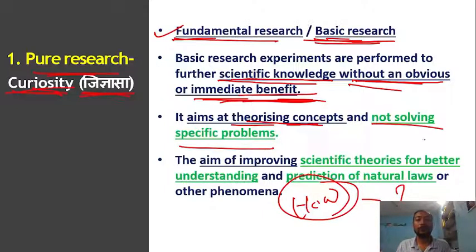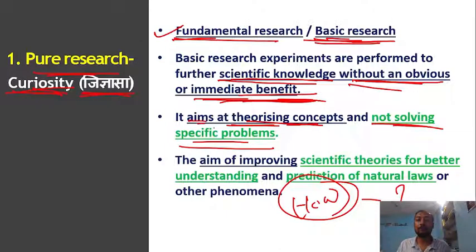So here a specific problem will not be there. When you apply those asanas at a practical level on subjects or samples, then it becomes action research or applied research. At that time, problem solutions will be there. But here you are only understanding the concept and gathering knowledge. That is the aim of this.